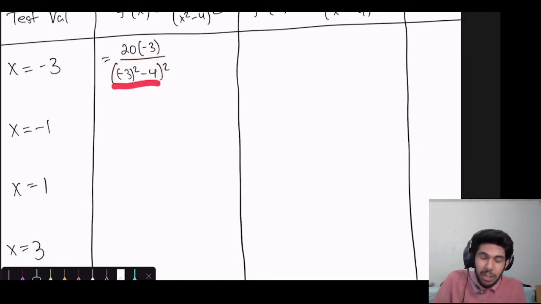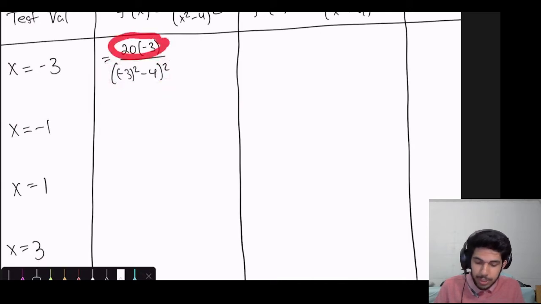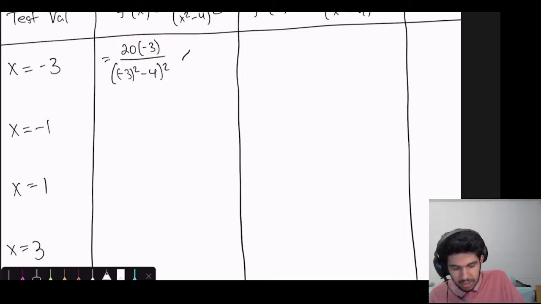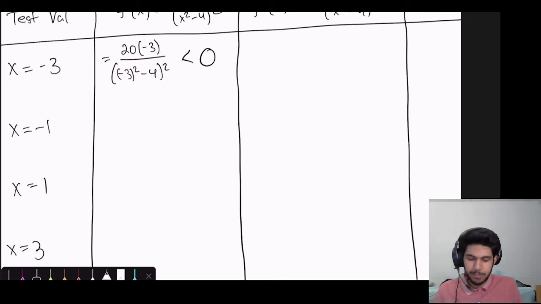So no matter what this value is, the denominator will always be positive, because when you square anything, it's going to be positive, as long as it's a real number, and we're working with real numbers. So the denominator is always positive. Our numerator is a positive times a negative, which is negative. Negative divided by a positive is negative, so it's less than 0.